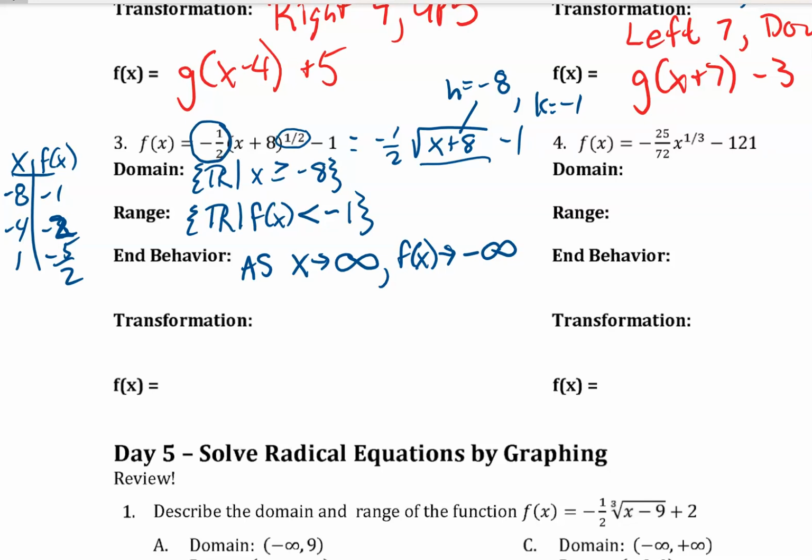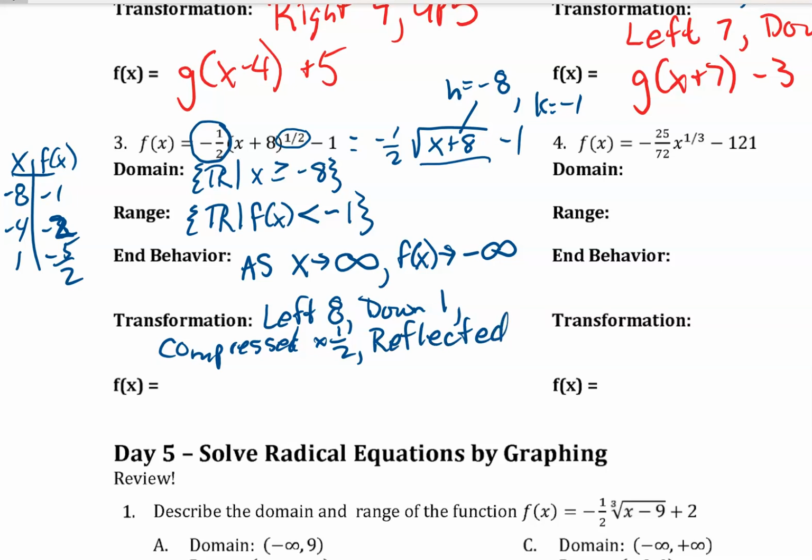Compression because my a value, the absolute value of a, is less than 1, and a reflection because it's a negative coefficient. So my transformation is left 8, down 1, compressed times 1/2 and reflected, or flipped.